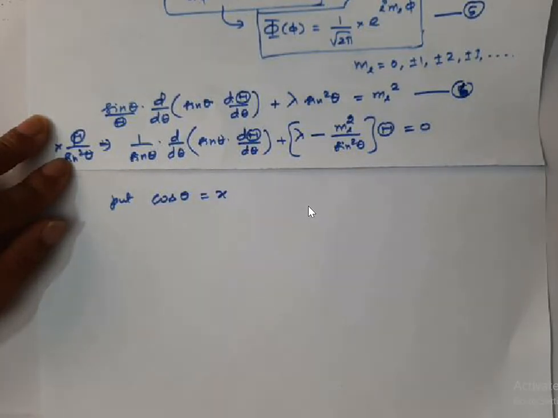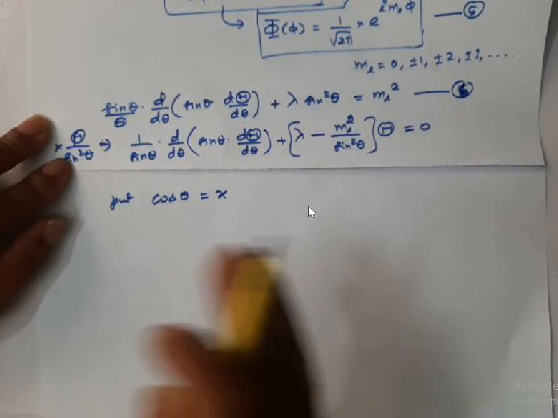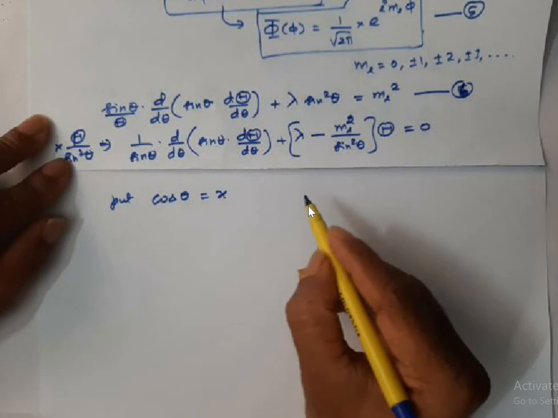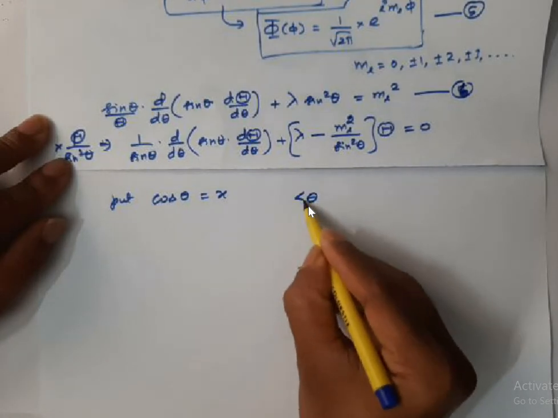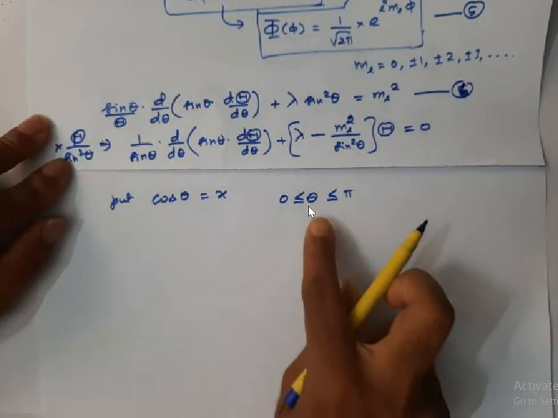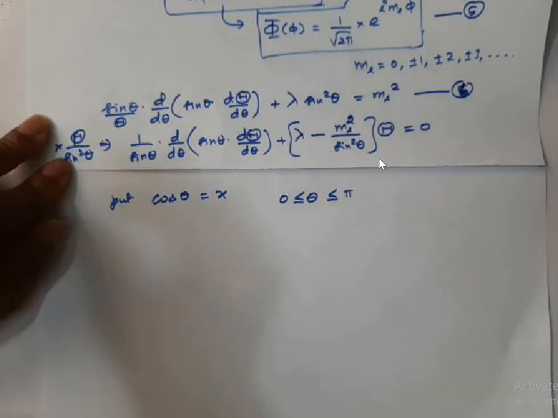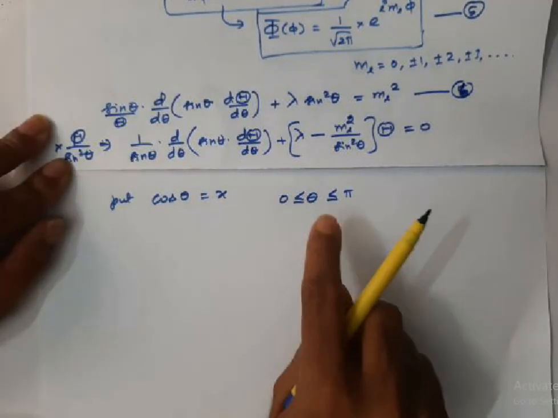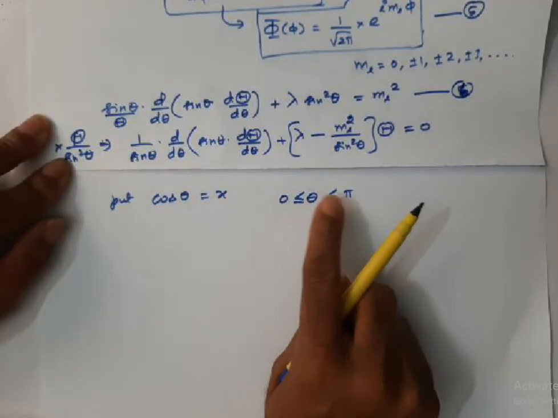So I am changing the variable from theta to x. If you change the variable, you should change the limit also. What is the limit for theta? Theta will vary from 0 to pi. It is the azimuthal angle, which varies from 0 to pi.